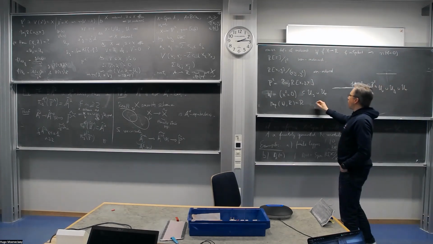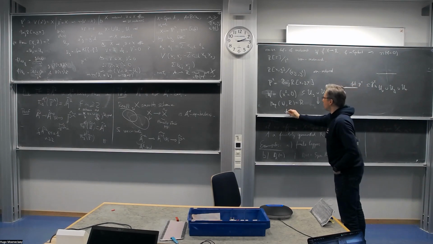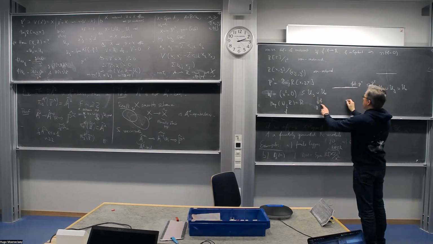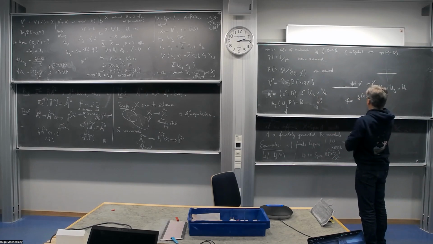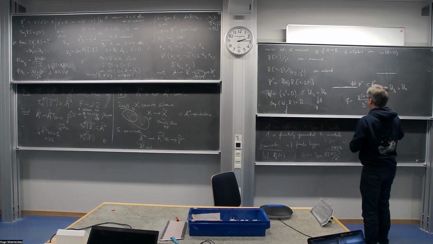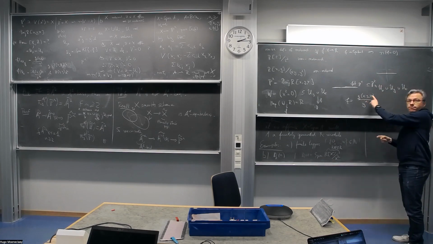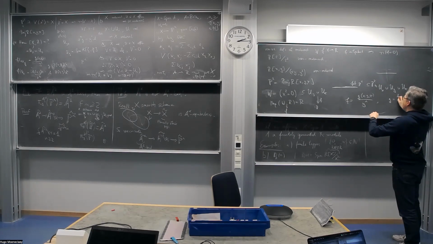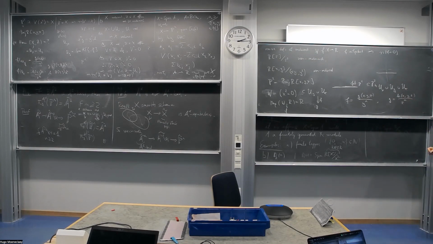And now whenever we have some map here, then on the chart we can write f as some homogeneous polynomial g in y and z over y to the n. So this is homogeneous of degree n. And on the other chart we have h in x, y, z over z to the m. Also, this is homogeneous of degree m, and in both affine charts we have x squared being 0.